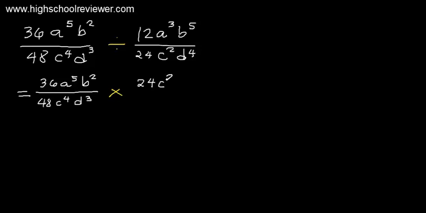24 c raised to the power of 2 and d raised to the power of 4, all over 12 a raised to the power of 3 and b raised to the power of 5.